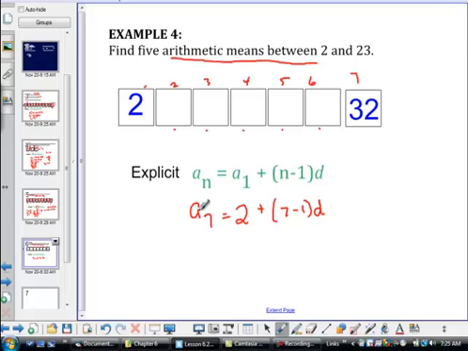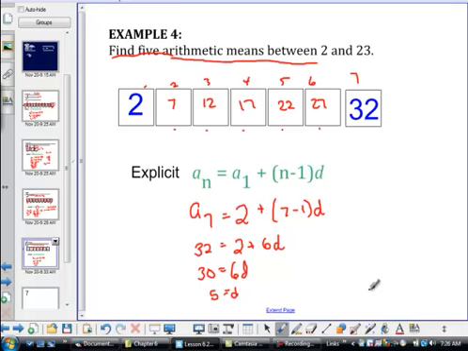Do I know my 7th term of this sequence? Yes, I do. It's 32. Awesome. Now I have a problem here with only one variable, so I can solve it. I find my common difference is 5. So now I just have to find my 5 arithmetic means, those are the numbers in between. So 2 plus 5 is 7, 12, 17, 22, and 27. And we're done.